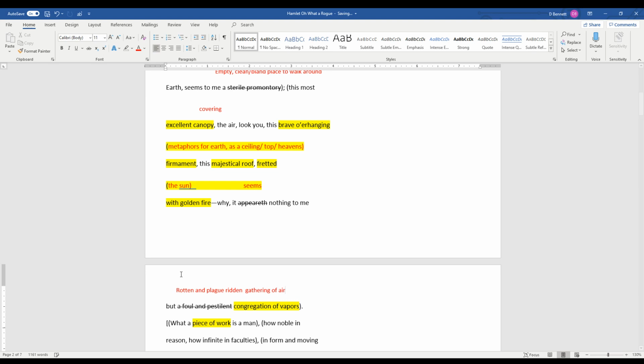So what he's saying here, he's using really positive words, like he uses the word excellent, the word brave, the word majestical, the word golden for the fire. But then he goes through and says that even though he knows they are brave, excellent, majestical, golden, he knows that's what they're supposed to be.